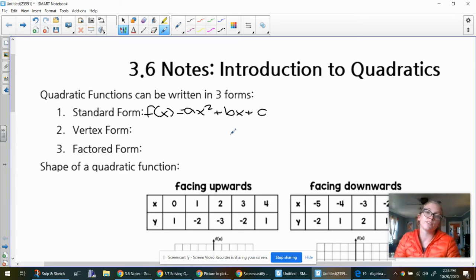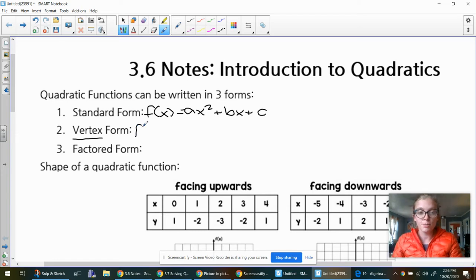We can get all the information we need out of a graph in standard form, but sometimes it's a little bit tricky. Vertex form is all about the vertex. So the vertex is going to be the tippy-tippy top or tippy-tippy bottom of a parabola, or the shape of a quadratic graph.